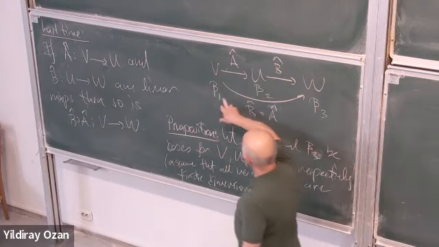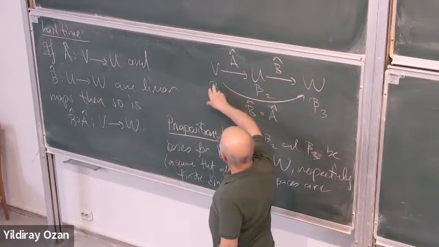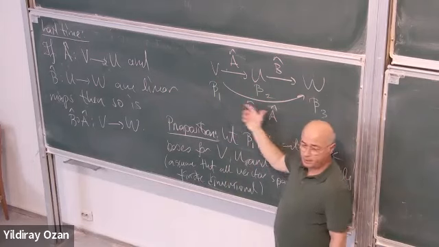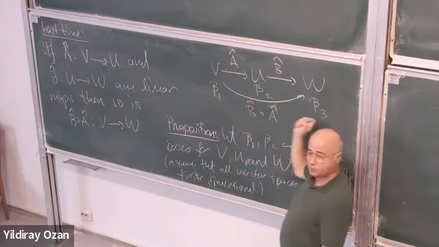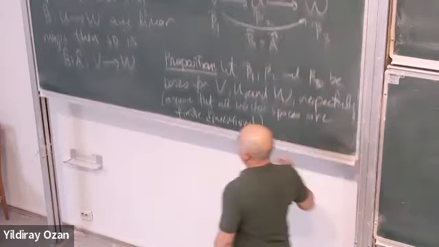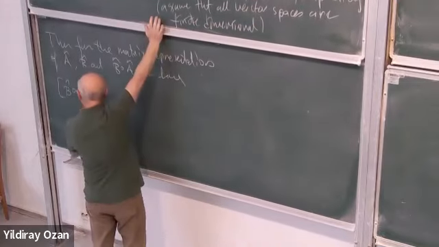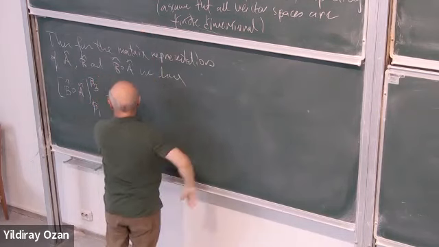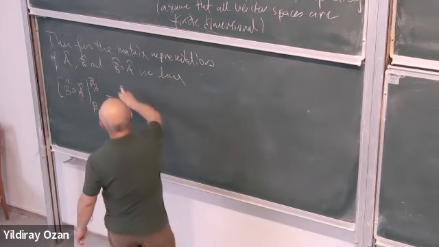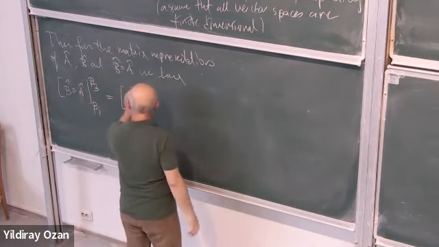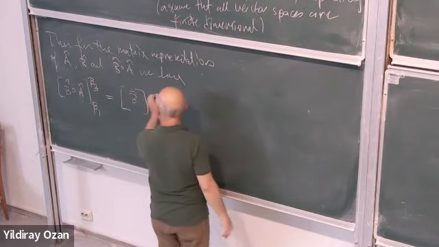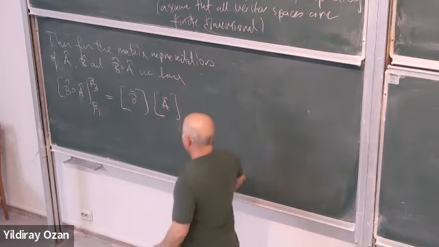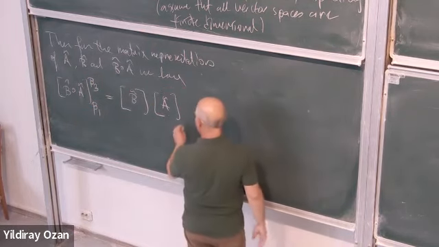So this composition is a linear map from U to W. So I may talk about the matrix representation from this basis to this basis, from beta 1 to beta 3. This is the composition of B hat and A hat. So here I have just matrix multiplication, and the bases are like this.